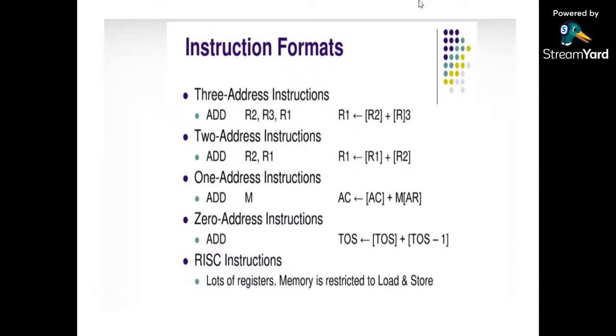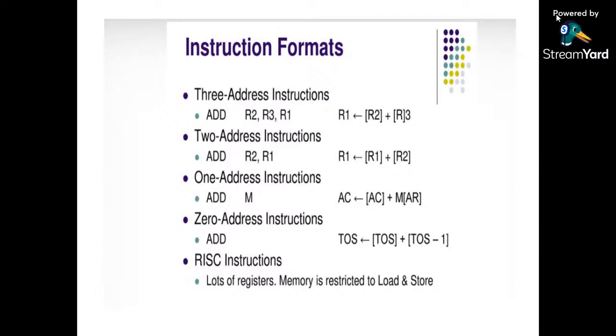Why is it called a three address instruction? Because in this instruction, we have specified the addresses of three operands or three variables. If any machine supports instructions that can specify a maximum of three variables or operands, they are called three address instructions.